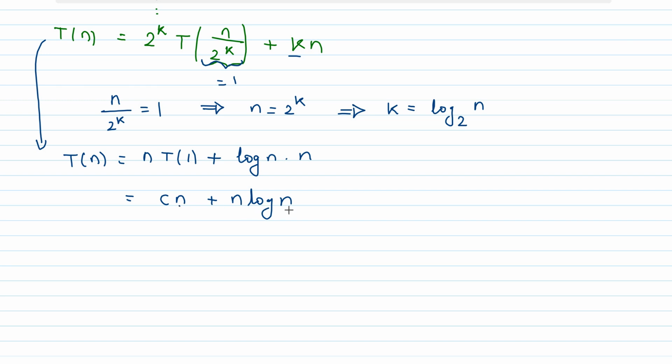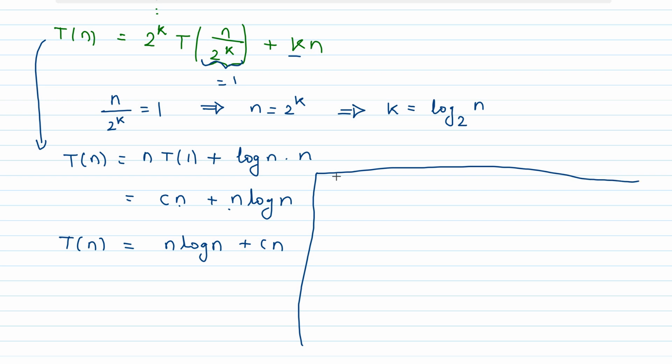Which is bigger, n or n log n? n log n is higher and n is smaller. So I can write this t of n as n log n plus cn. So now I can say that the complexity of t of n, which is equal to 2 times t of n upon 2 plus n, is found by choosing the highest degree from this equation.